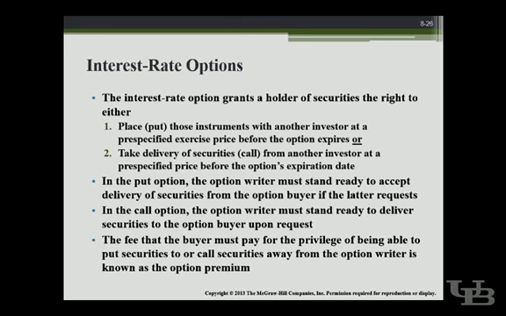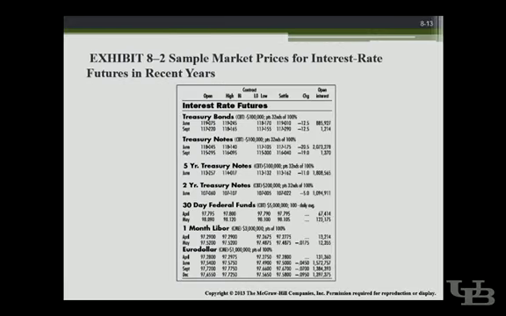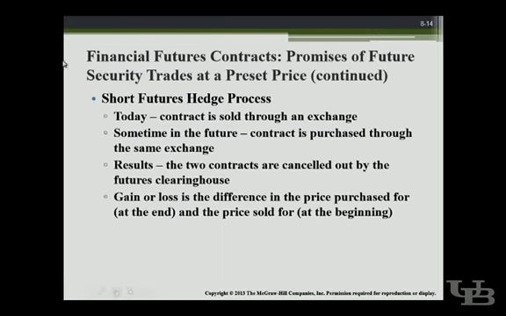If the institution expected market interest rates to rise, and I'm going to go back to the short hedge, if market rates do rise, securities prices fall, they can gain.